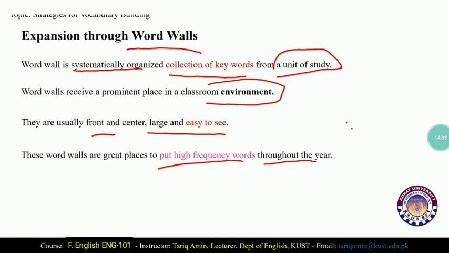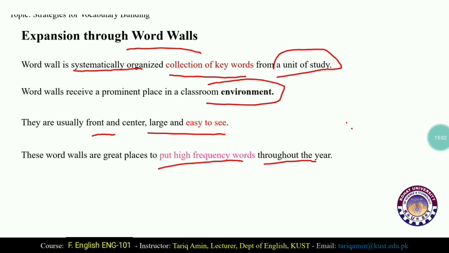You think of different words, for example, 10 words, 15 words, 20 words, or 30 words. You think of 30 words that are very much related to psycholinguistics. And you write those 20 or 30 keywords in the form of walls.